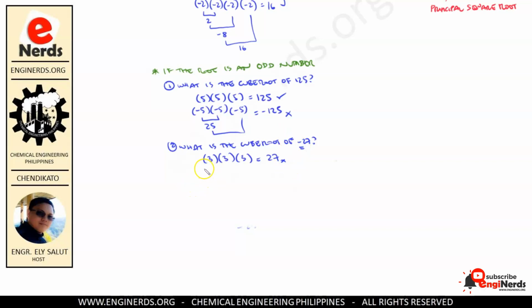But if you multiply negative 3 by itself, you will have negative 3 times negative 3 is equal to positive 9 times negative 3. Positive times negative is equal to negative 27. So, we have our answer here. Therefore, if our root is an odd number, we will have only one answer, as you've seen from these examples.